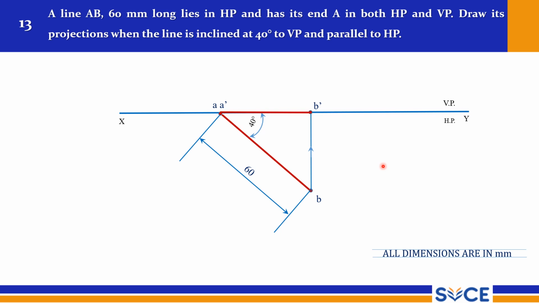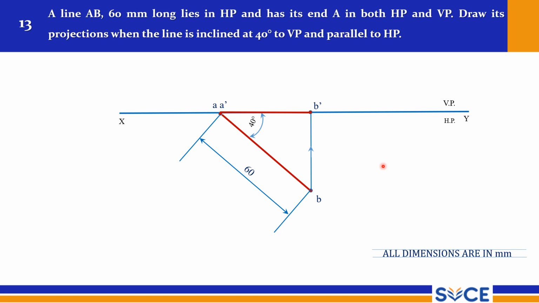So these are the five simple cases, and in the next session we will see the procedure for how to proceed when you have both angles, that is, a line inclined to both HP and VP. That is the special kind.